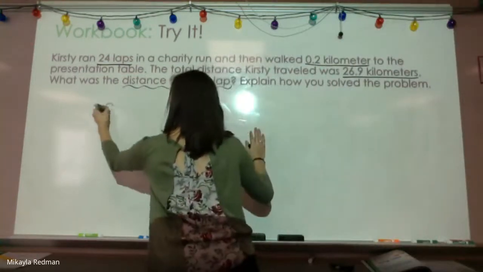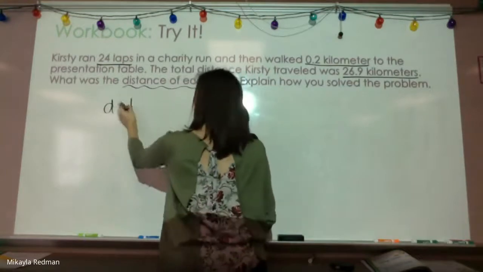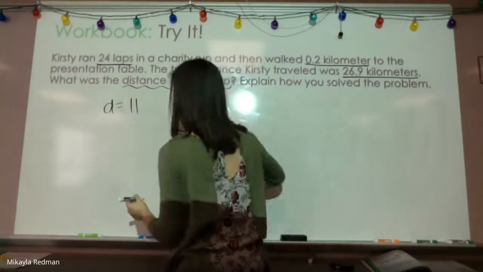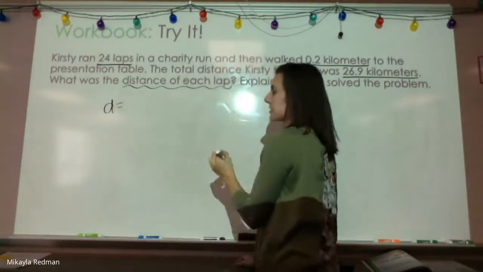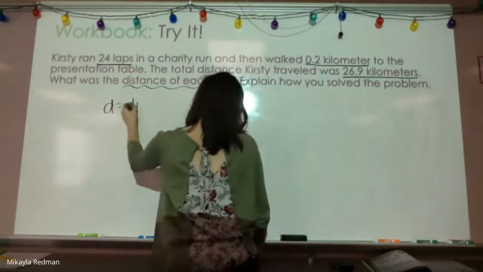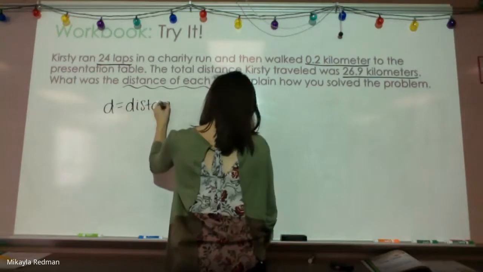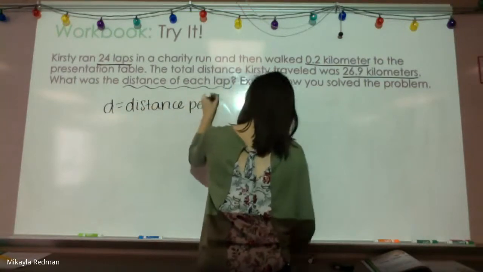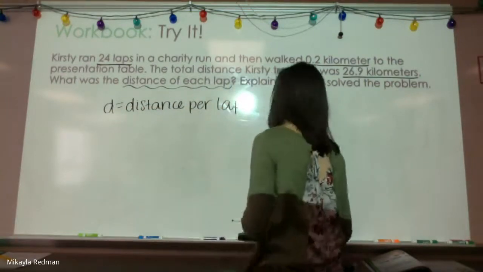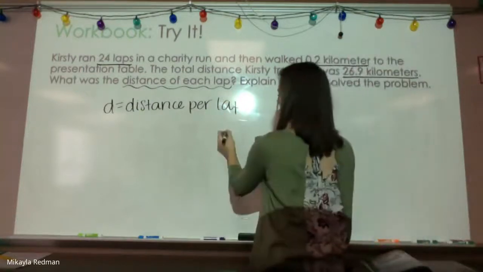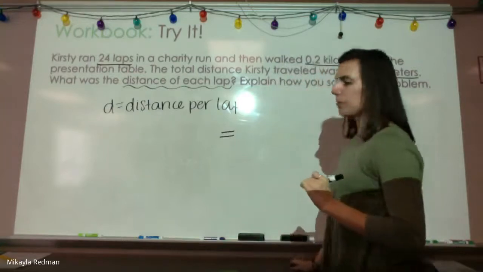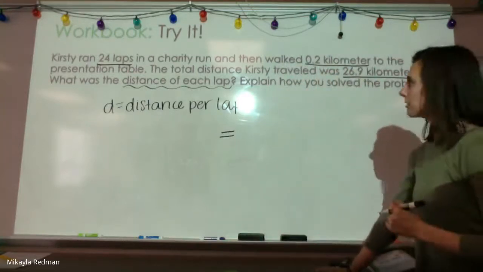So we're going to say D, our unknown, is equal to, well, we could say the number of kilometers in each lap or the distance per lap. So to set our equation, you can say, okay, what's our total?